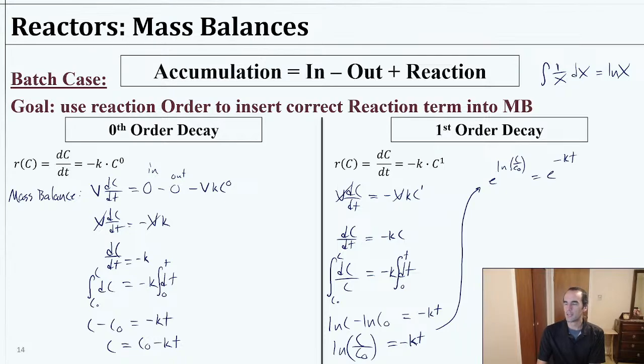And when we take e to the power of a natural log, that essentially just cancels out that natural log. So we have C over C naught equals e to the minus kt. And if we move the C naught to the other side, this would be C equals C naught times e to the minus kt.